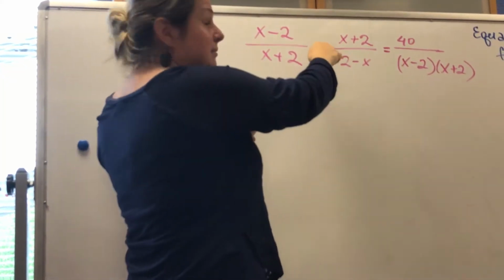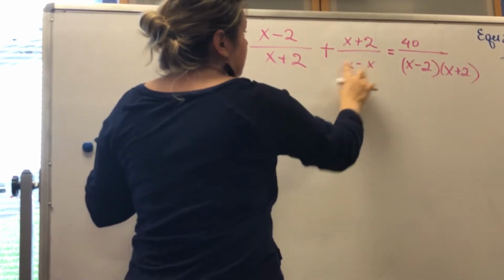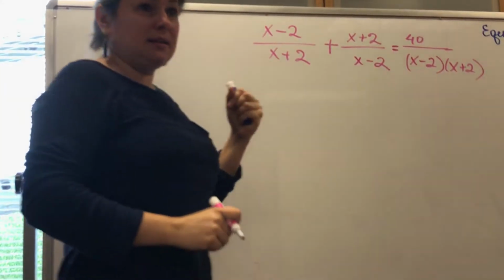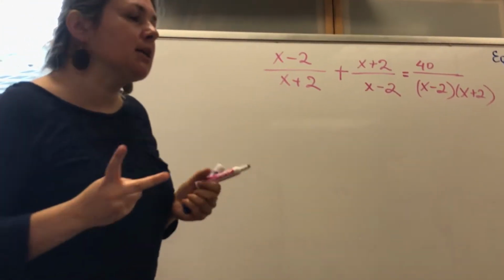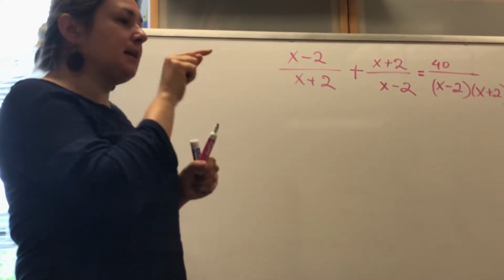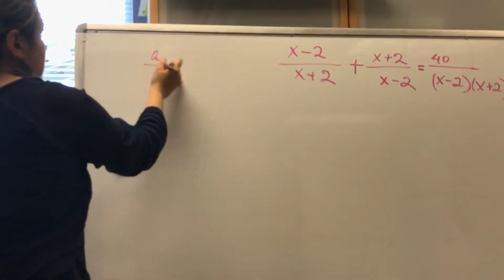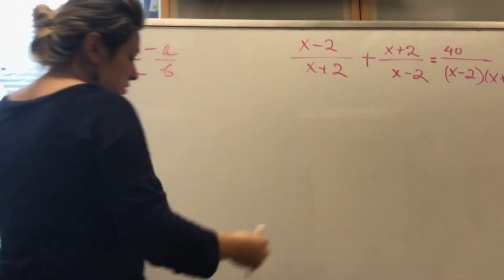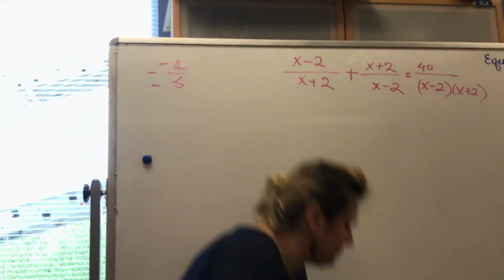I can make that a plus and completely rewrite it as x minus 2. Remember we studied that? We can't just flip them, you need to add a negative sign somewhere, and it doesn't matter where. For us, it works just to make that positive. It's going to make our job so much easier.